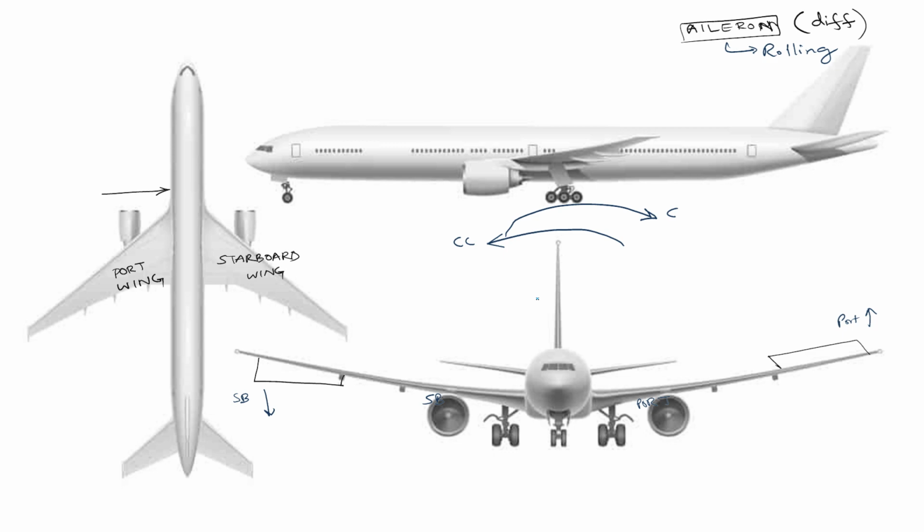Because, ma'am, it is like a ceiling fan rotating anti-clockwise. The port wing goes up and the starboard wing goes down, so it's anti-clockwise. If the starboard wing goes up, then it will go clockwise.